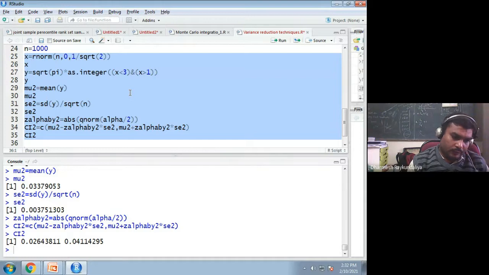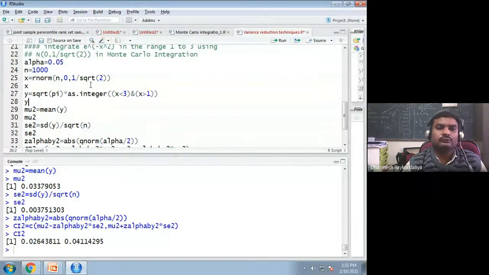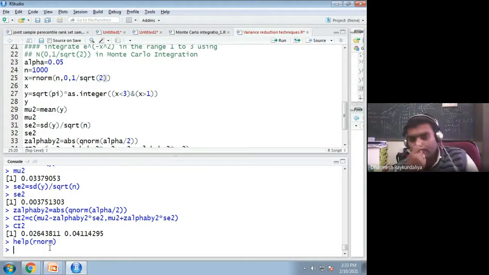Answer should be very close to each other. Why it is not? It is taking normal sigma, na? The normal mean sigma square.